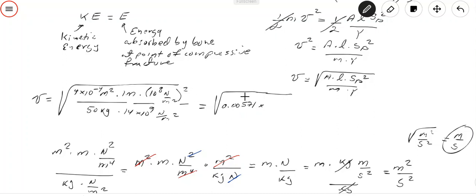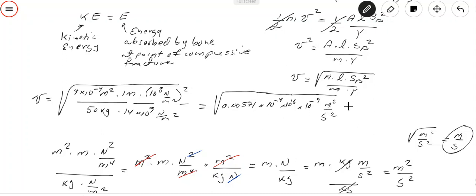We have 10 to the negative 4, we have 10 to the 8 squared, that is 10 to the 16, and we have this 10 to the 9 that becomes 10 to the negative 9, and then we have the units meter squared over second squared.